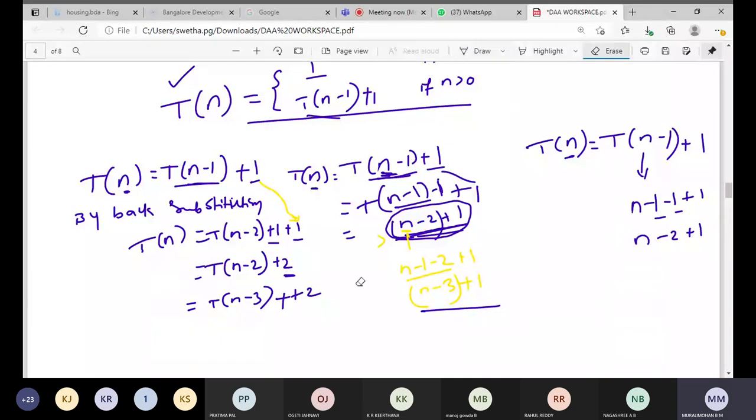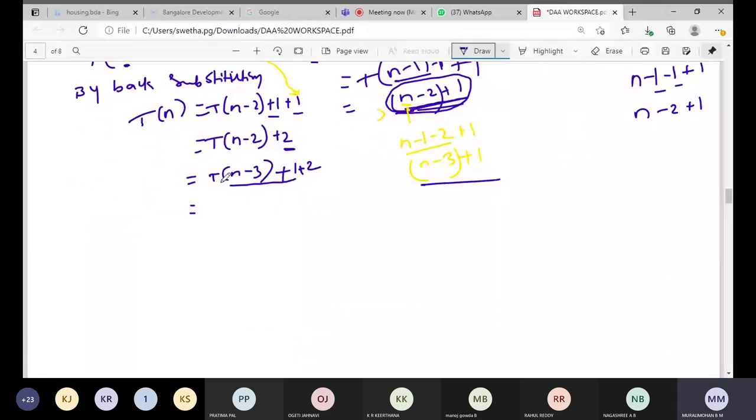So T of n minus 3 plus 1 we are getting for T of n minus 2, and this plus 2 we are getting as it is. If we solve this, we get T of n minus 3 plus 3, right? Is it correct? Yes, sir. So this will continue for k times.